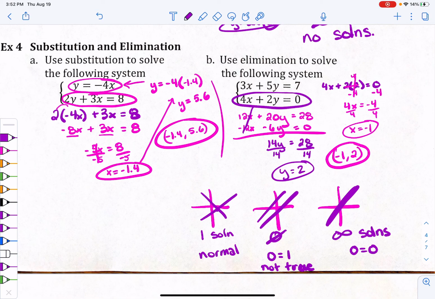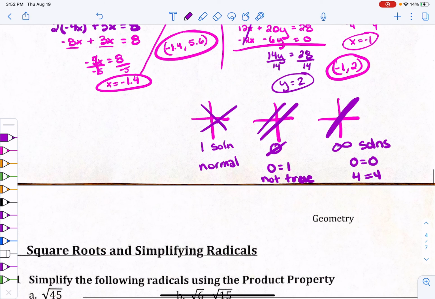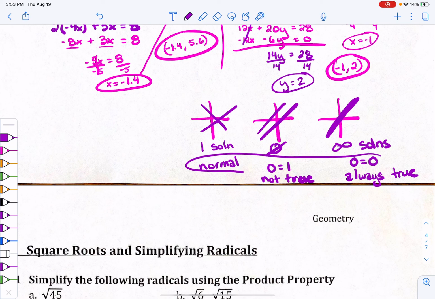Or you might end up with 4 is equal to 4 or something like that, where it's the same on both sides. And that is when you have infinitely many solutions. It's always true. So this is the stuff that you're going to get when you do substitution and elimination versus graphing, and that's how you'll know whether it's one solution, no solutions, or infinitely many solutions.